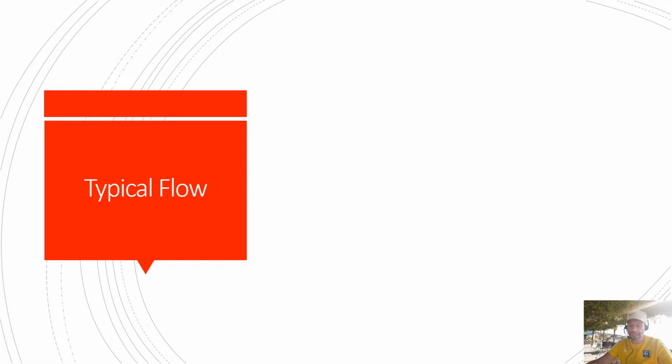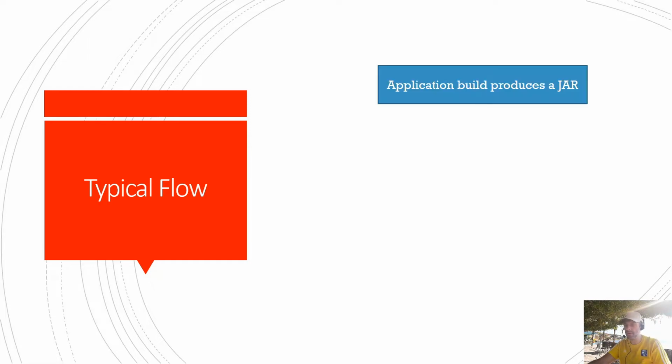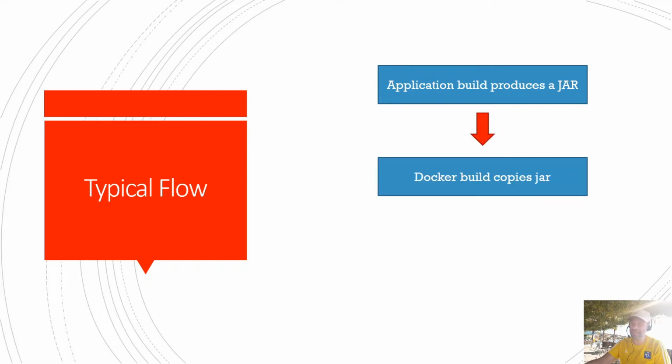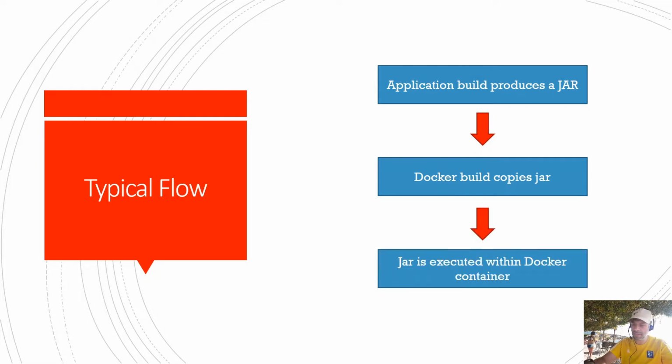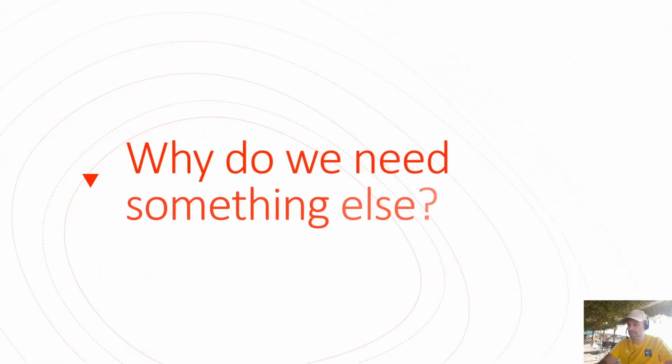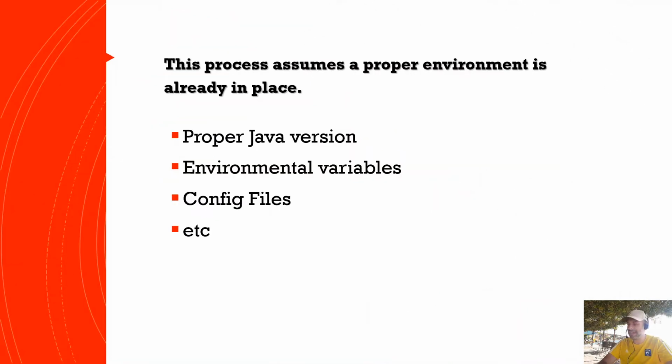A typical flow used when creating this kind of software is that the application is built and it produces a jar. Right after that, the Docker build copies this jar into the container, and the jar is executed within the Docker container. As said before, why do we need something else? The answer is clear.